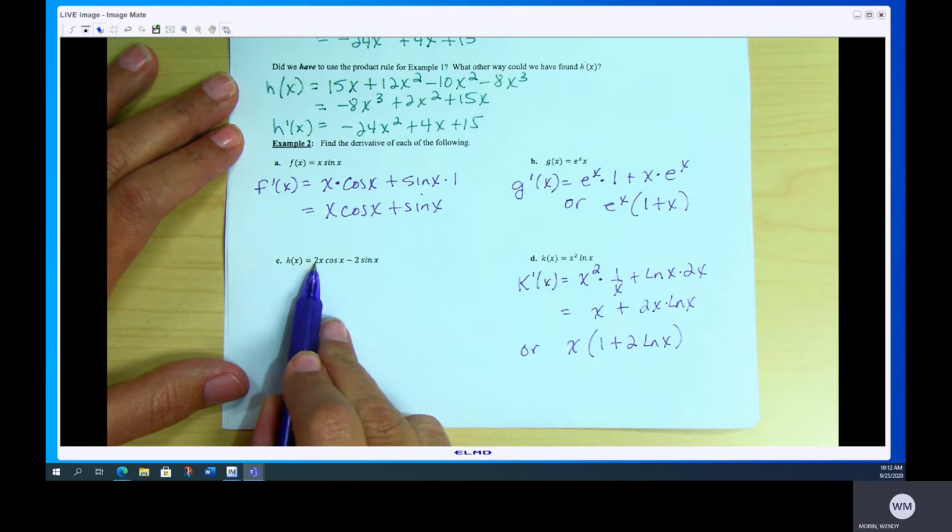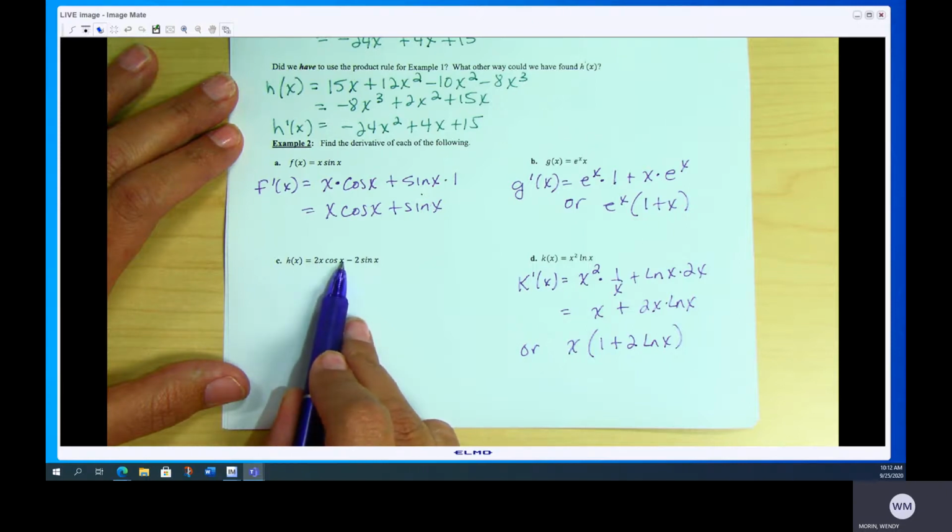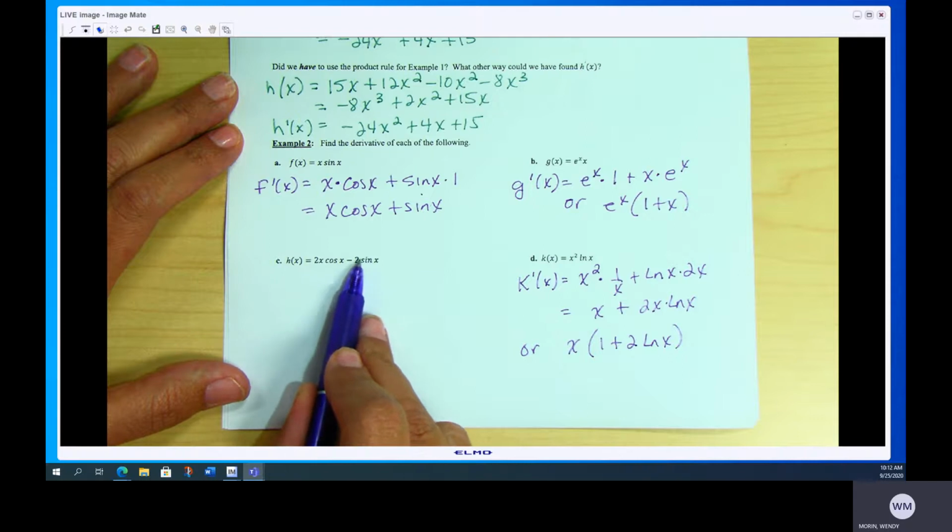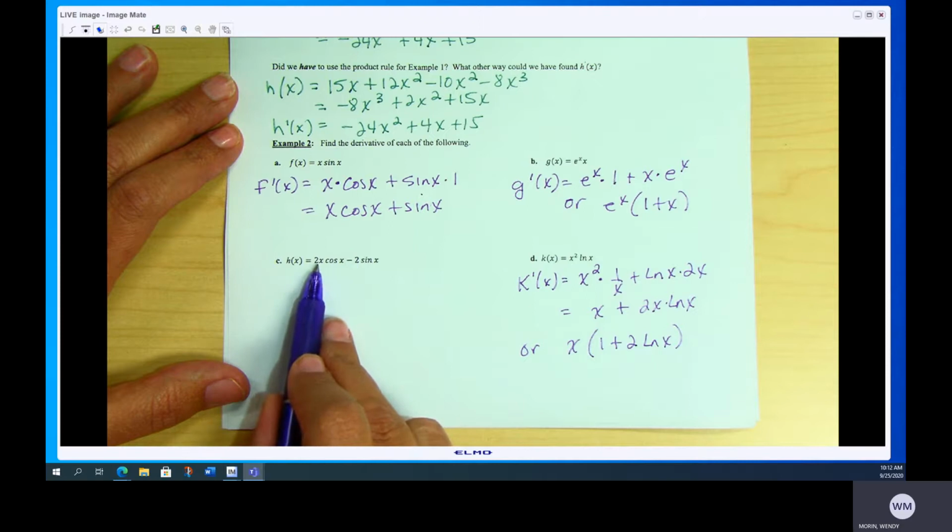You have a 2 times an x times a cosine x. Many times we ignore the 2 and then we take the derivative of this and then we multiply everything by 2. Like over here. We take the derivative of sine x and we multiply it by -2 because that's just a coefficient. And this is a coefficient as well.